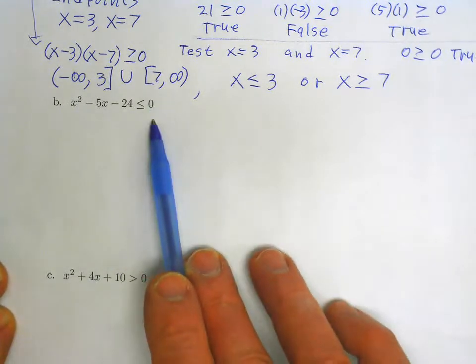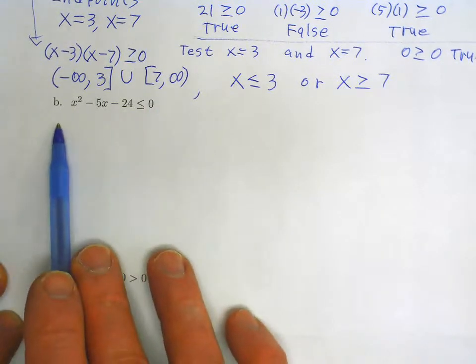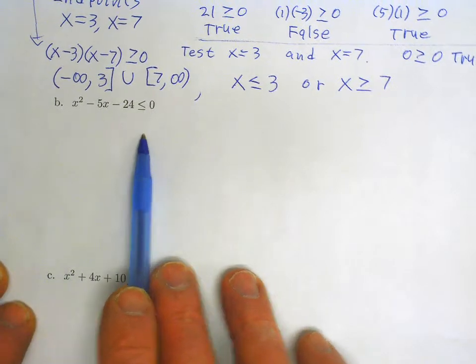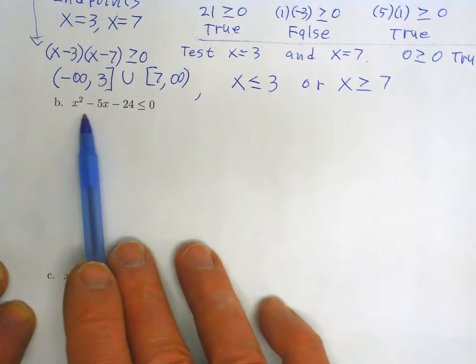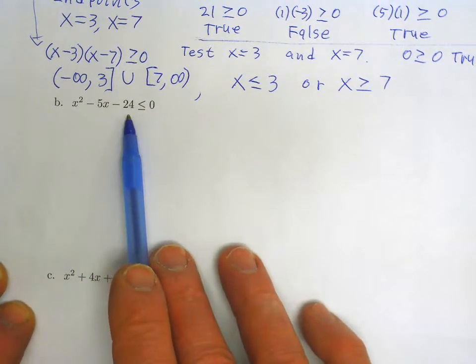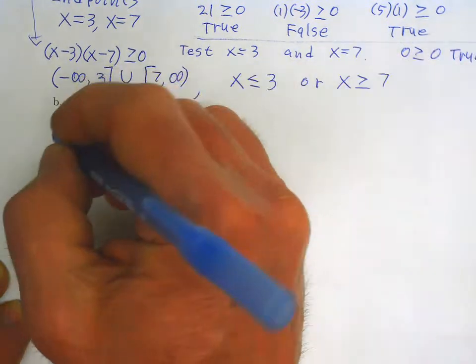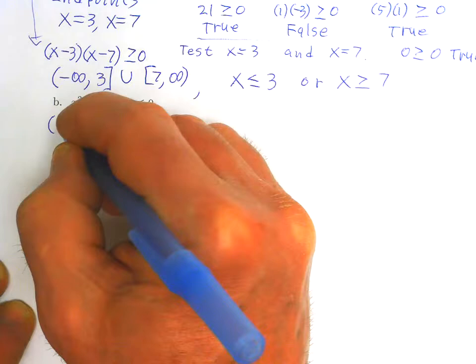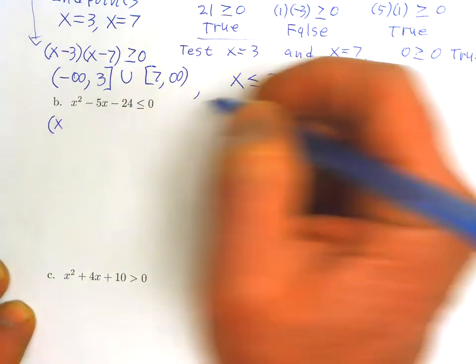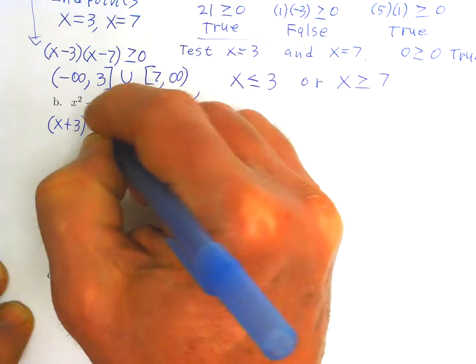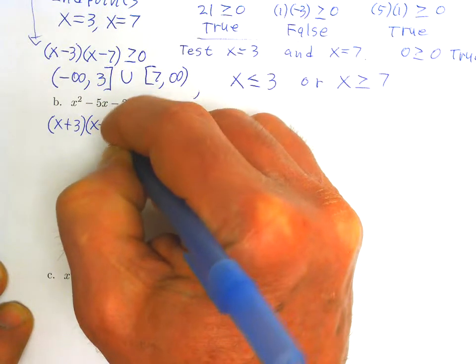We already have that. And we want to know what the endpoints are. We can factor x squared minus 5x minus 24 easily enough. One factor is x plus 3, and the other factor is x minus 8.